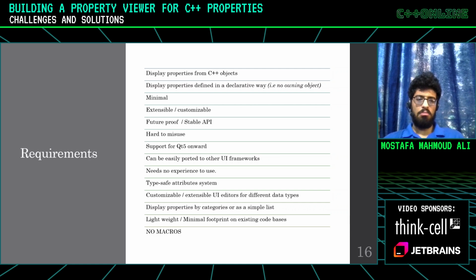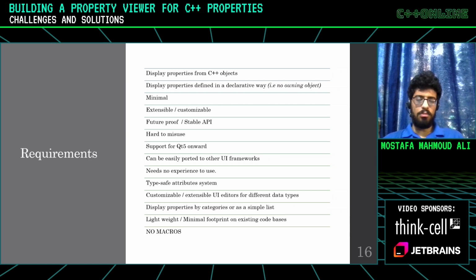Also, with the property attributes, I needed this system to be type safe, because none of the previous solutions had type safe attributes. It had to provide some customization for the UI editors for different data types and be able to group properties by categories or display them as a simple list.